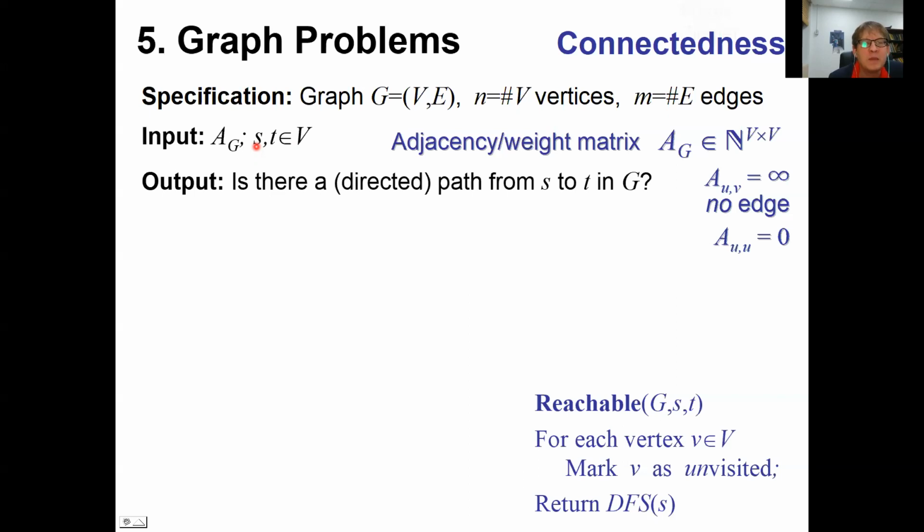Let's briefly take the time to analyze the computational cost of that algorithm. The initial phase is to mark all vertices as unvisited. That is linear time, right? Every vertex is marked as unvisited precisely once. If we have n vertices, that loop gets executed n times. Then there's a graph traversal, and a graph traversal visits every vertex at most once, only the vertices that can be reached, of course.